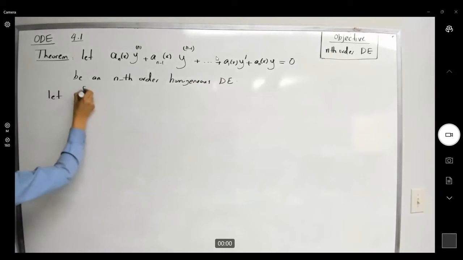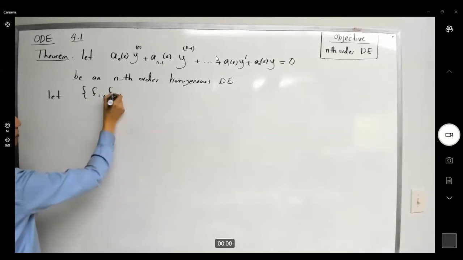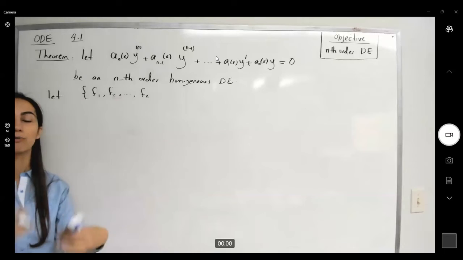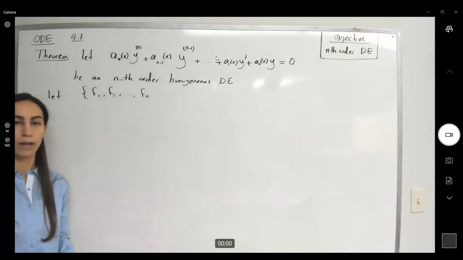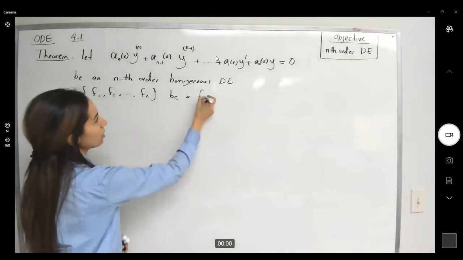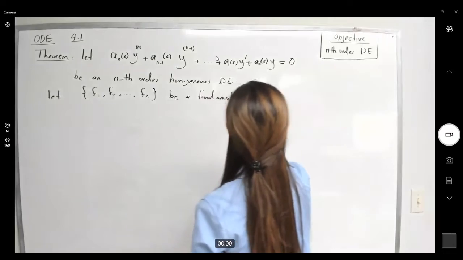Suppose you have a fundamental set. Let the set f1, f2, up to fn, or you can write it as y1, y2, up to yn, it doesn't matter, be a fundamental set. What's the meaning of that?